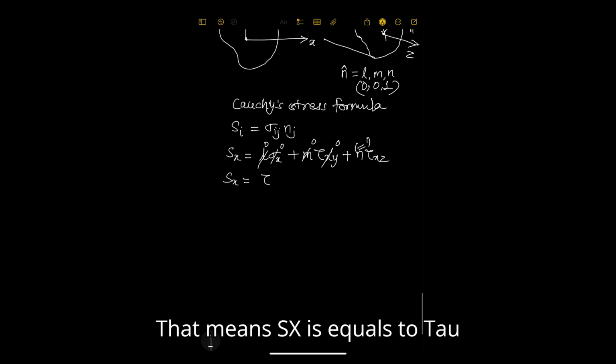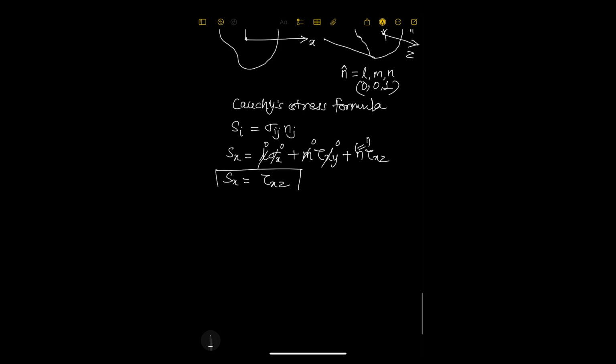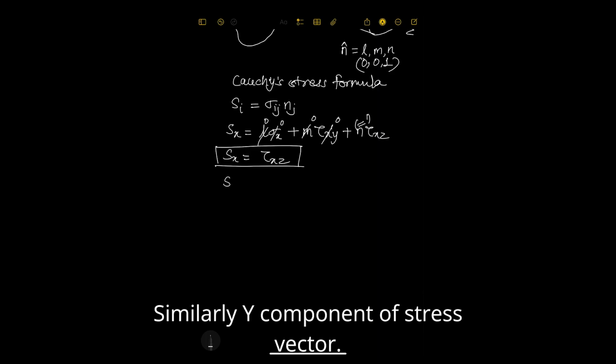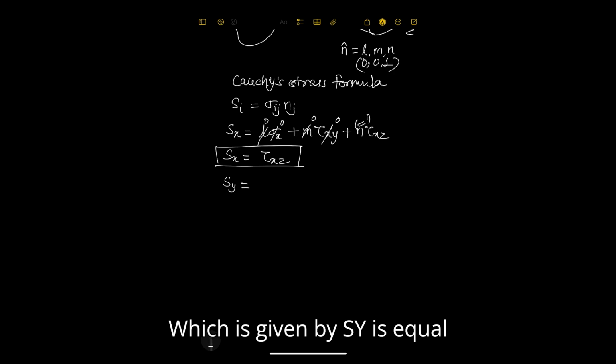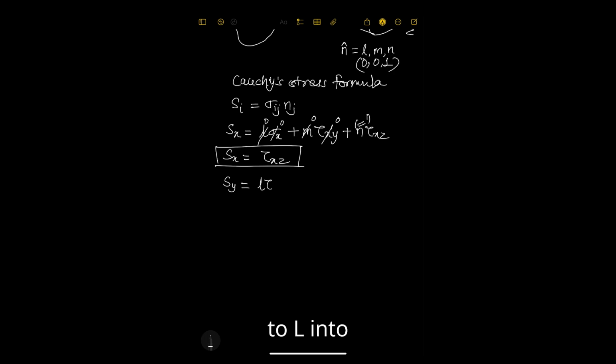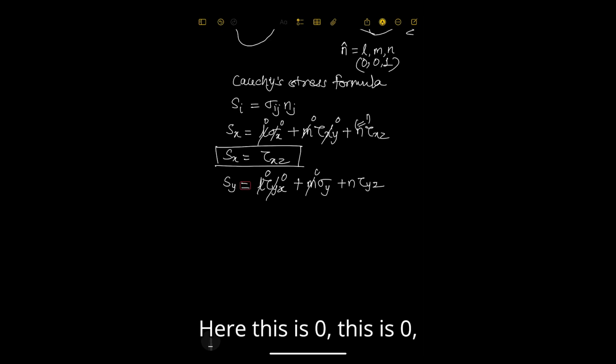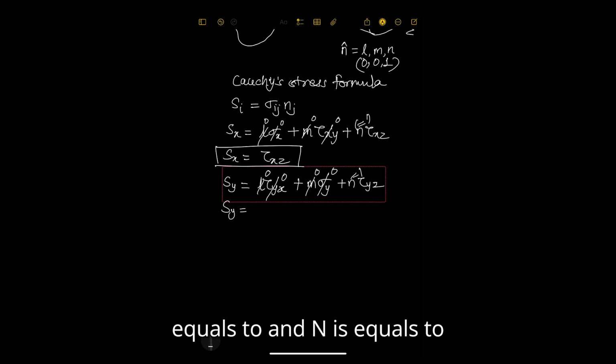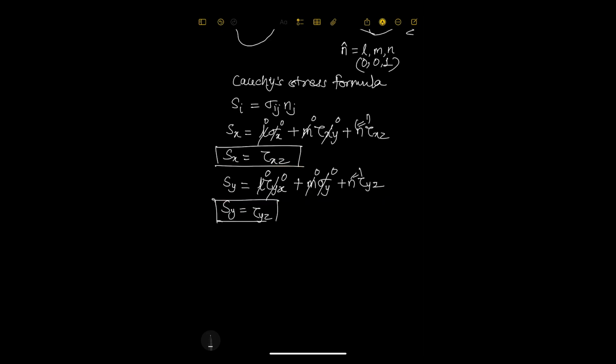That means Sx is equal to tau xz. Similarly, the y component of the stress vector, Sy, is equal to l into tau yx plus m into sigma y plus n into tau yz. Here the first two terms are 0, and n is equal to 1. That means Sy is equal to tau yz.